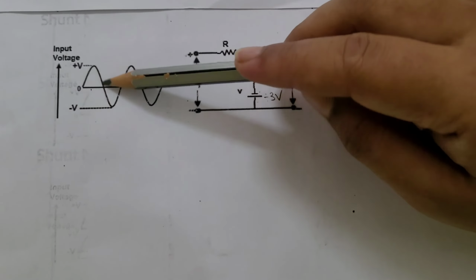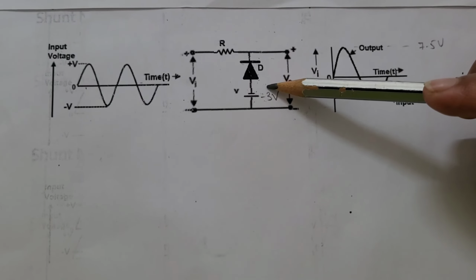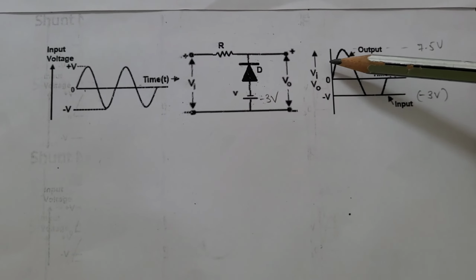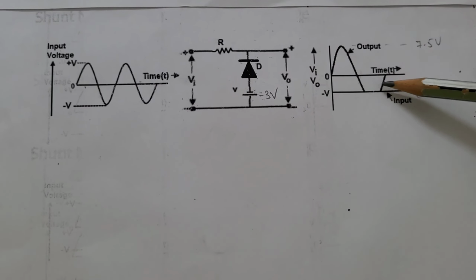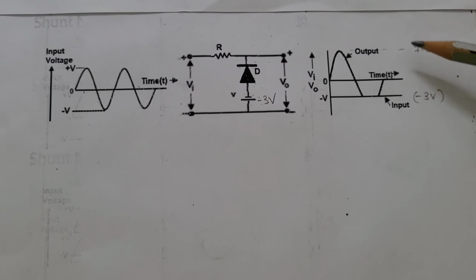During the negative half cycle, the diode is forward biased, a short circuit is established here, so at the output we will have minus 3 DC bias voltage. In this way, the output maximum will be 7.5 volt and V minimum will be minus 3 volt.